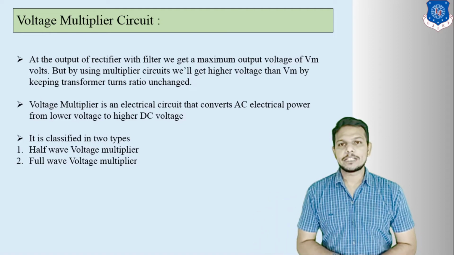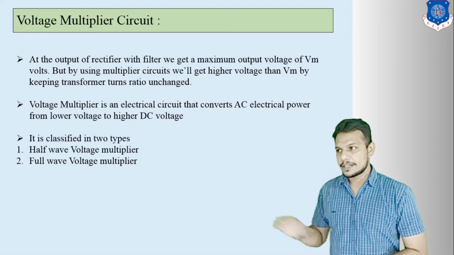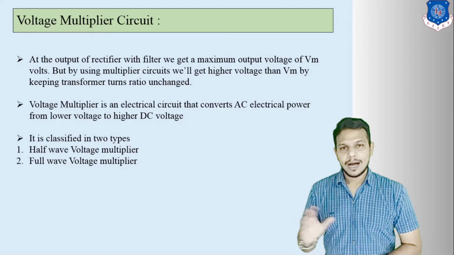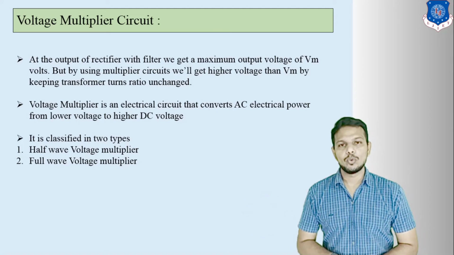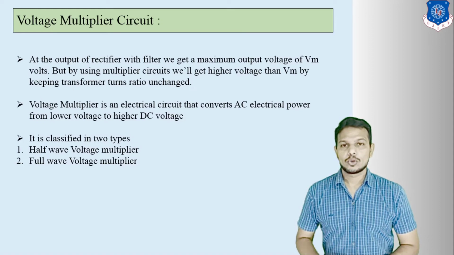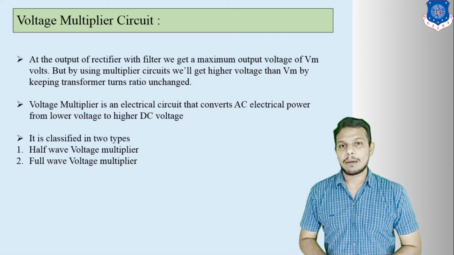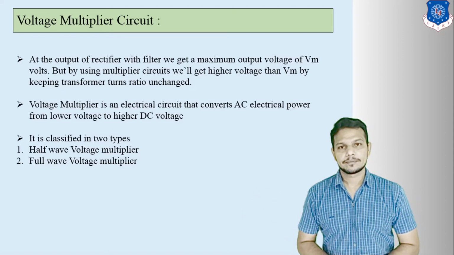So basically the voltage multiplier is classified into two types. Here we can see number 1, half wave voltage multiplier circuit, and number 2, full wave voltage multiplier circuit. In this lecture we are going to discuss only the half wave voltage multiplier circuit.